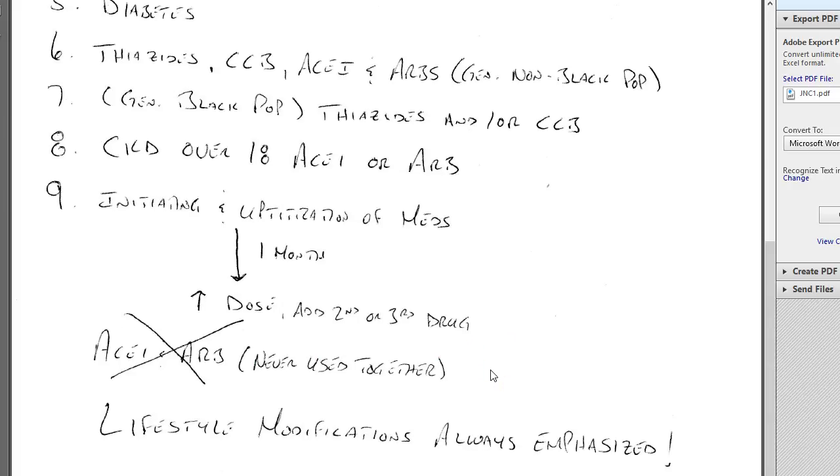Also keep in mind JNC8, just like with anything else that we talk about, whether it's diabetes, whether it's cholesterol, lifestyle modifications are key and are still always emphasized. So exercise, that's low salt diet, that's limited alcohol and caffeine intake.